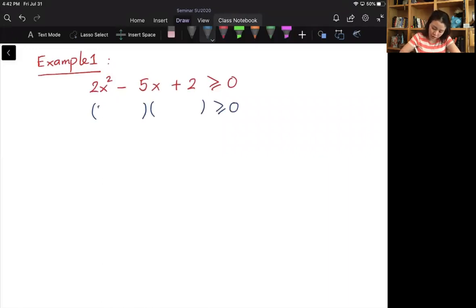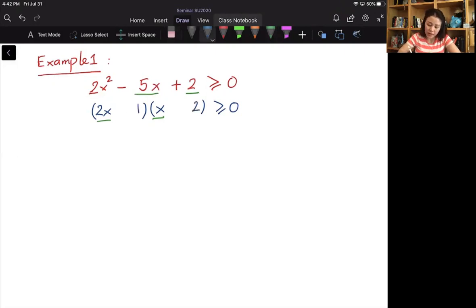First, let's try 2x here and an x here, because 2x times x gives me 2x squared. Now I need to find two numbers that multiply to give 2 and combine with 2x and x to give negative 5x. So let's try 1 here and 2 here.